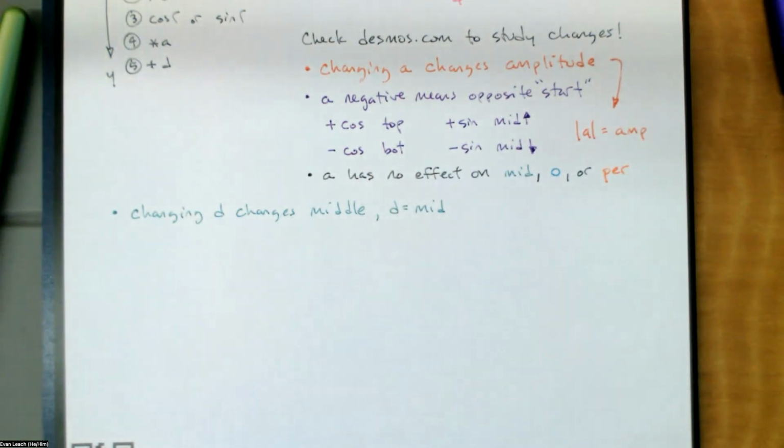D has no effect on the amplitude, the 0 of the start, or the period, or the location of the start.